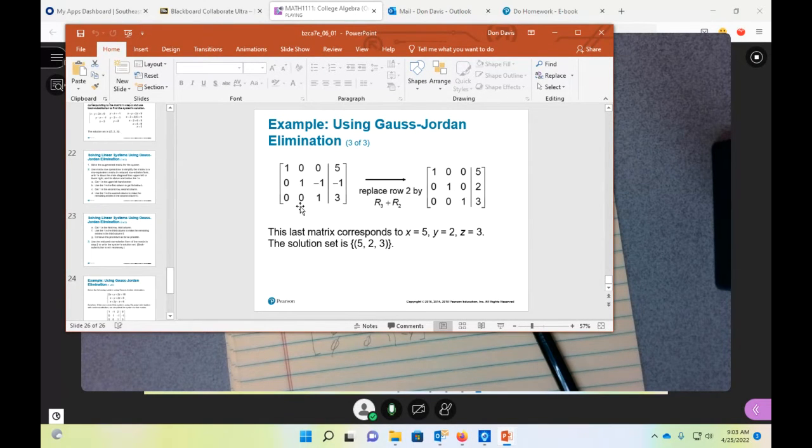Now, what we did achieve in the Gaussian elimination is we eventually got zeros here, here, and here. We just didn't finish it off.